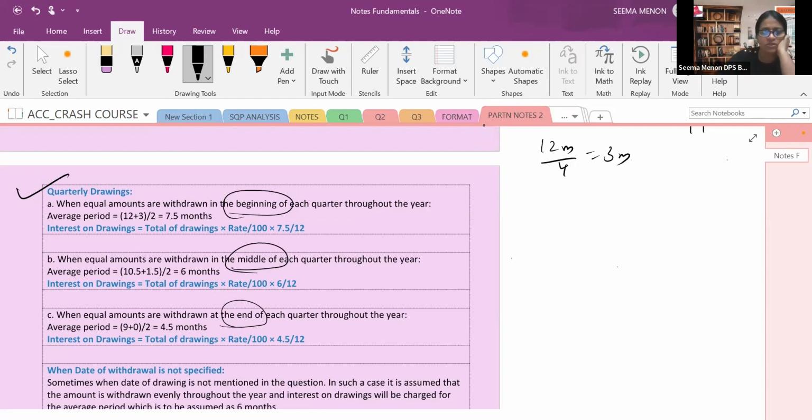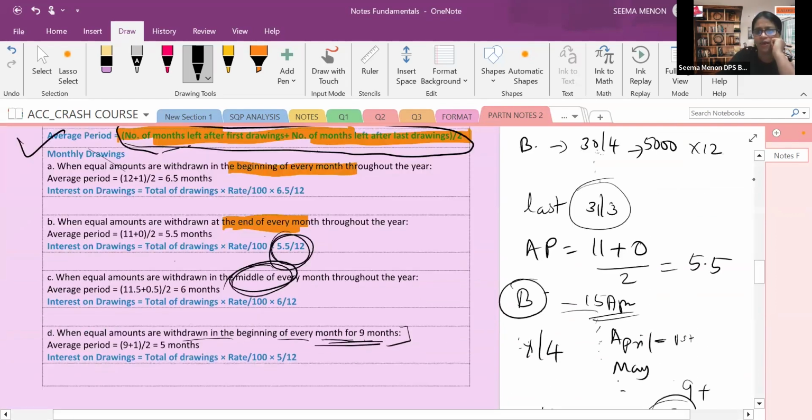Okay. Now children, Mr. B, again my partner B, he withdraws 5,000 rupees in the beginning of every quarter. What is the question? Beginning of every quarter.